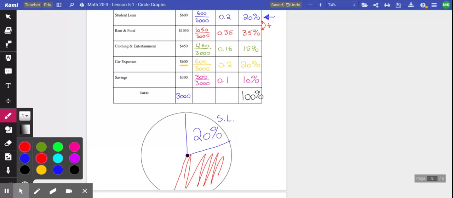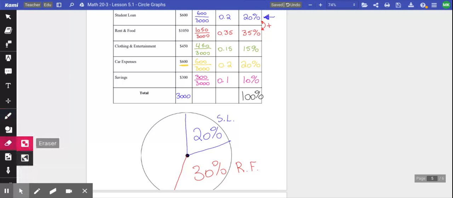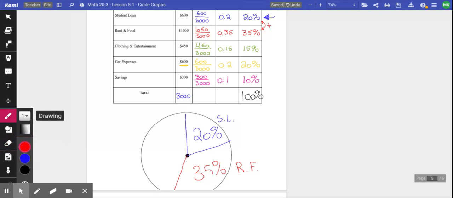And that is for my rent and food. And I estimated that by realizing that just those two items together, if I added them up, should be 55%. That's over half of my budget on those two things.